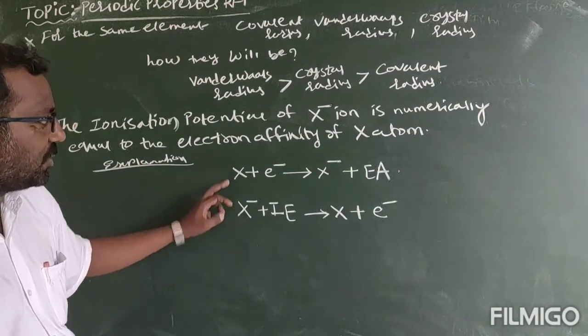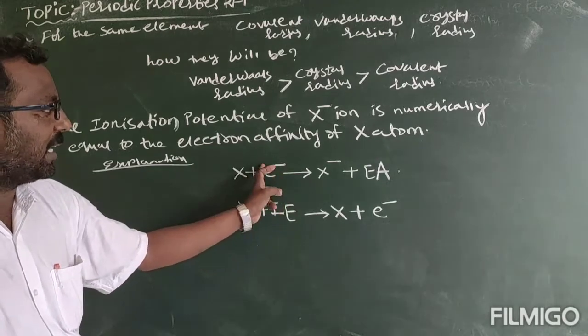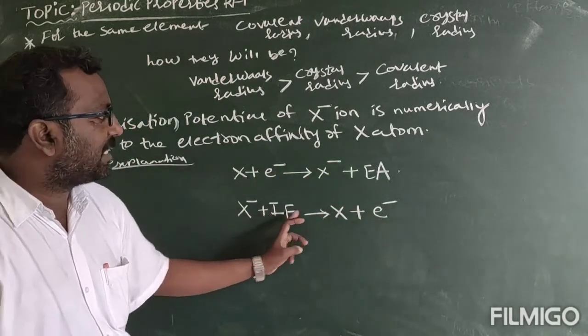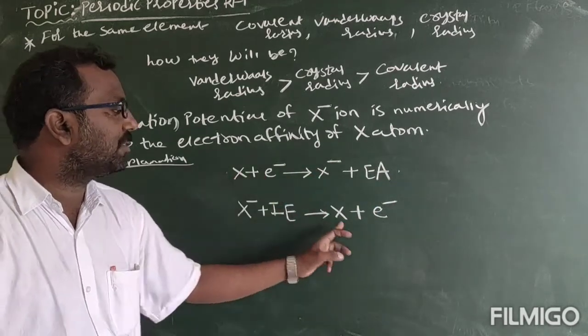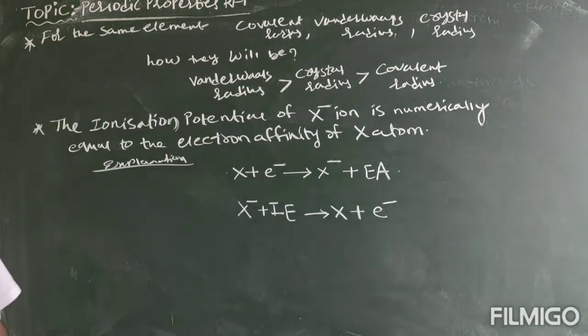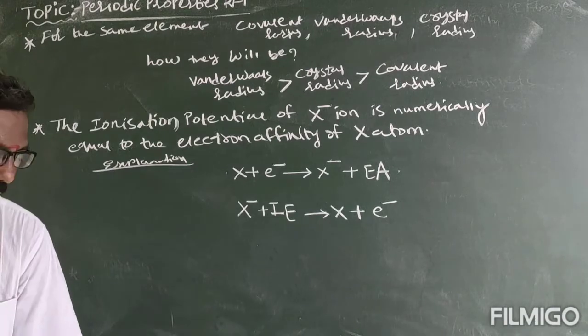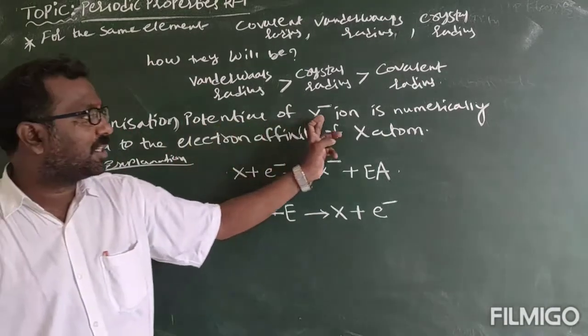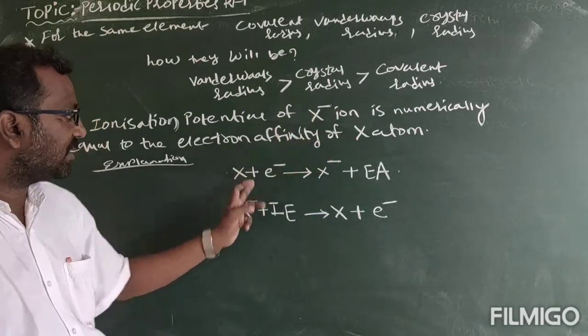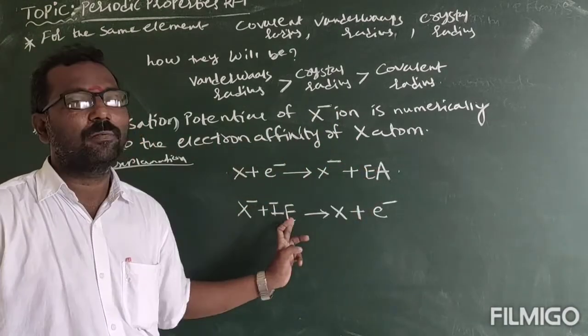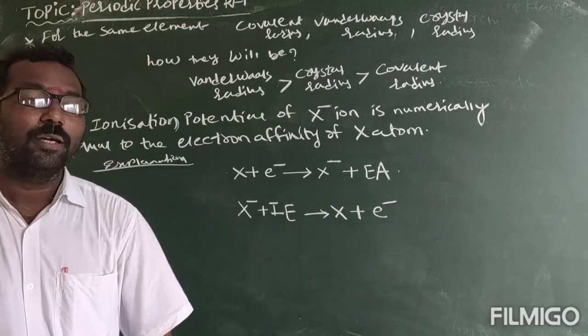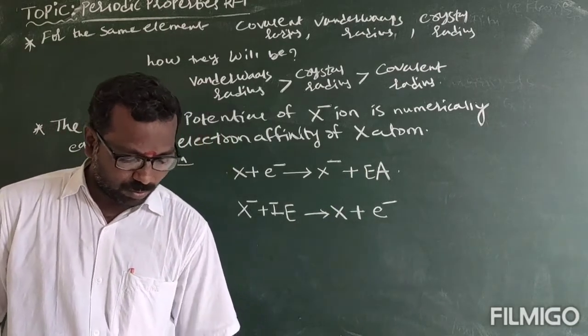When you add these two, the electron cancels, ionization energy and electron affinity are both absent, X minus cancels, and we get X only. So the ionization potential of X minus ion is numerically equal to the electron affinity value. Okay, experimentally it was found.